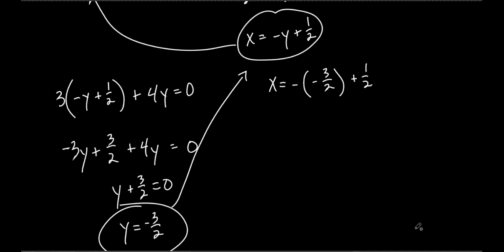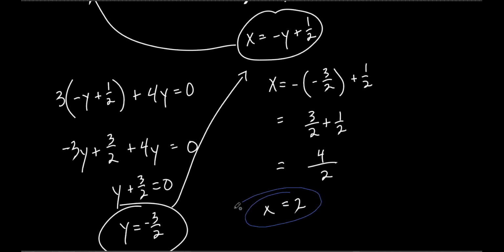So what's negative 3 halves? Positive 3 halves. Oh, this is easy. Plus 1/2. What's the common denominator? 2. Or add the top. That's 4. And what's that? It's 2. So x is 2.